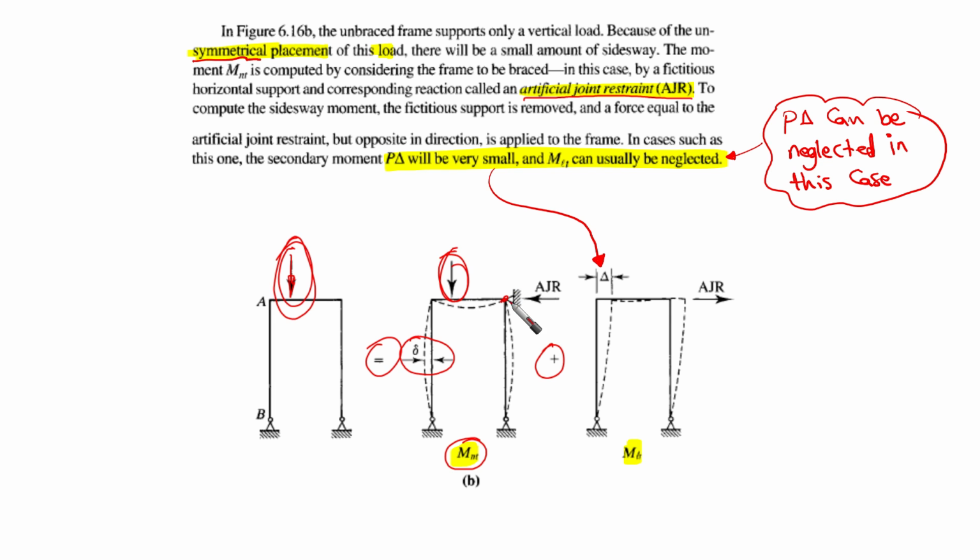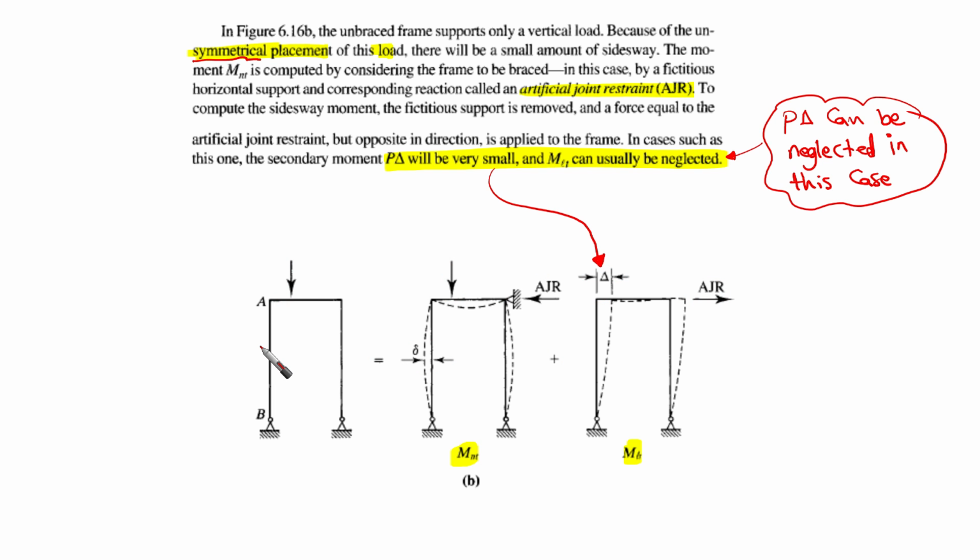Instead of the support, we put the reaction of the artificial joint restraint in the opposite sense as a load at this point, and then we expect delta here. So this is the decomposition of the system.